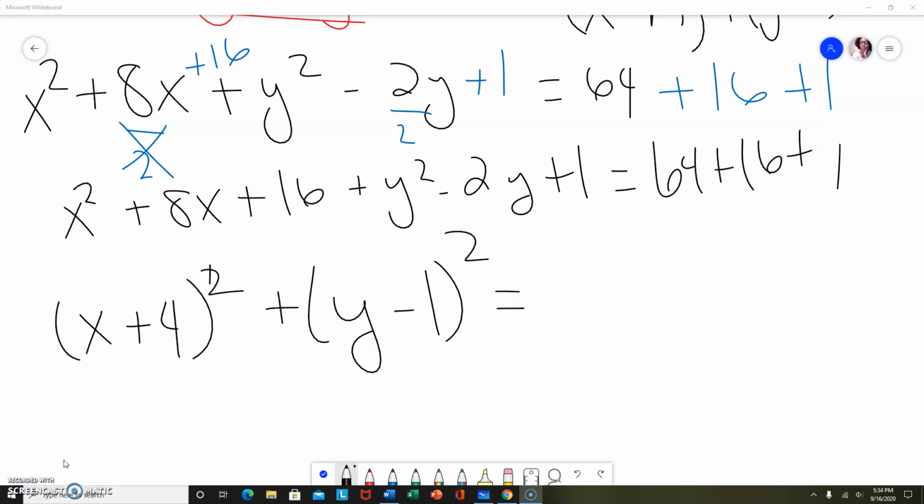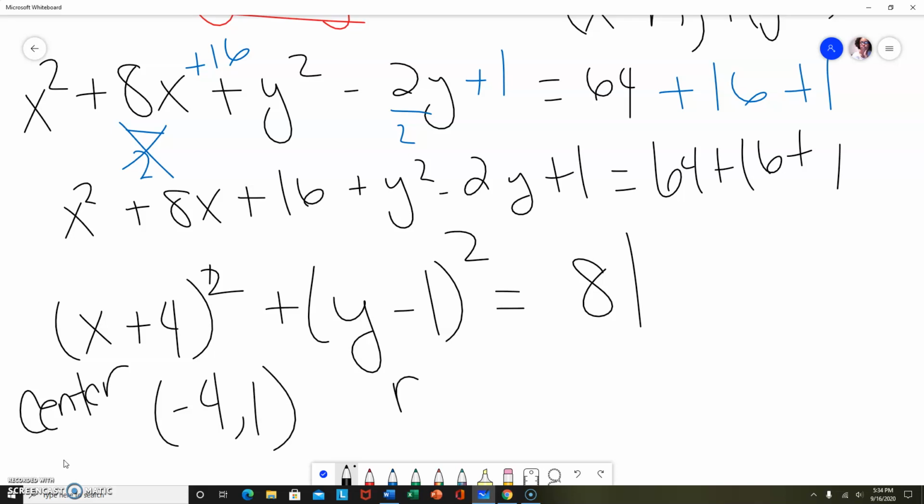So then I add 64 plus 16 plus 1, and I get 81. And so my standard form of my equation is (x plus 4) squared plus (y minus 1) squared equals 81, where my center is negative 4, 1, and my radius is the square root of 81, which is 9.